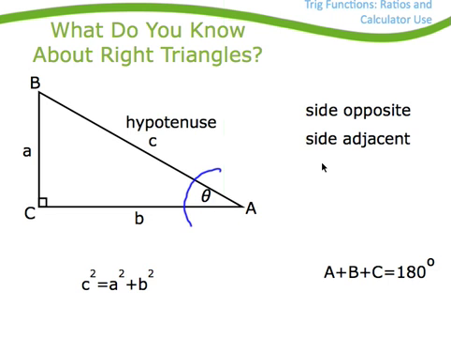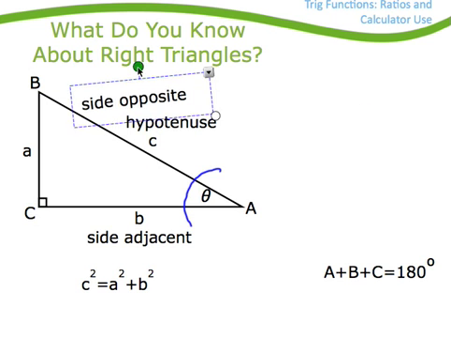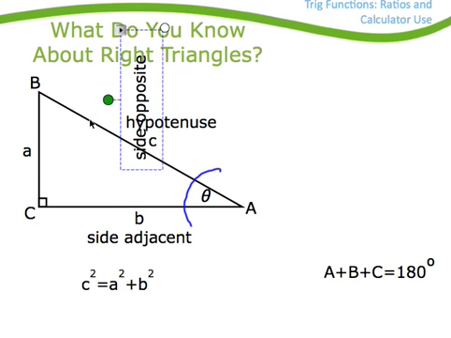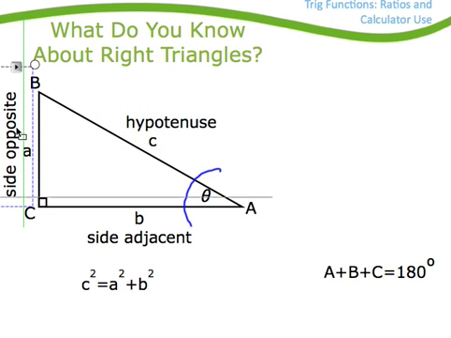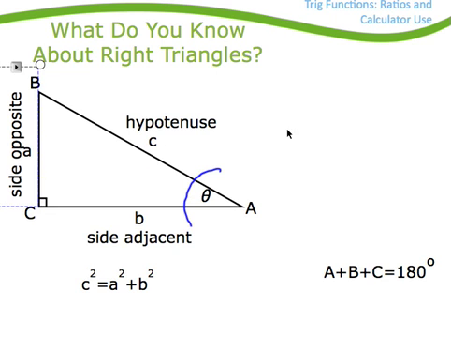The side adjacent is the one right beside that one, right beside the angle in question. That isn't the hypotenuse. Hypotenuse is already called, so this must be the side adjacent. Leaving that other side way over there, let me turn that a little bit, this side over here to be my side opposite. Okay, so that's labeling a right triangle.